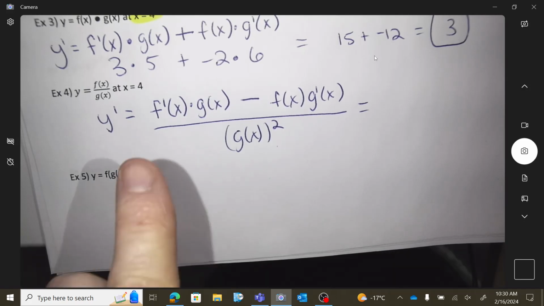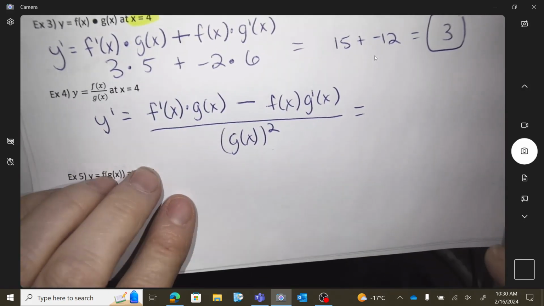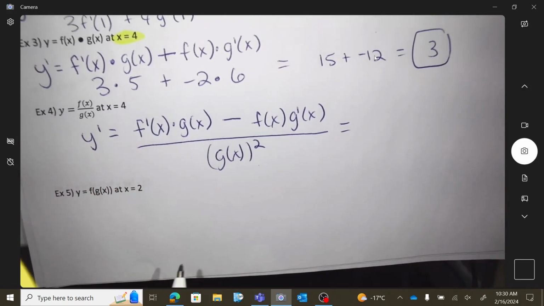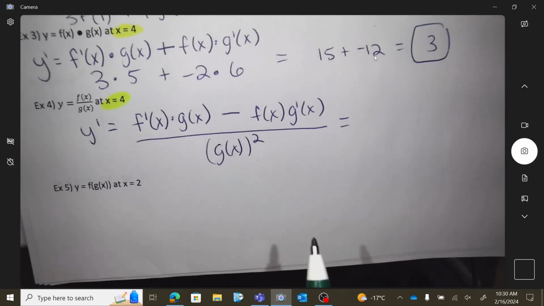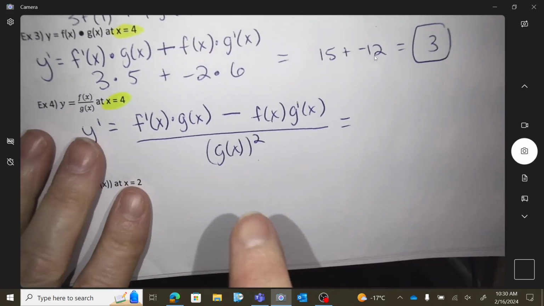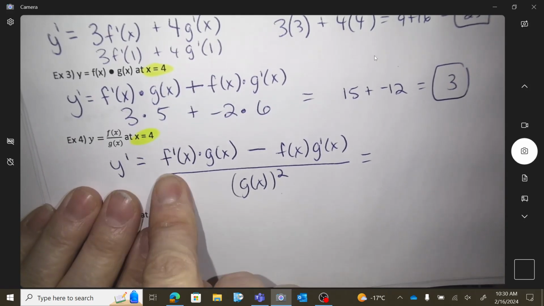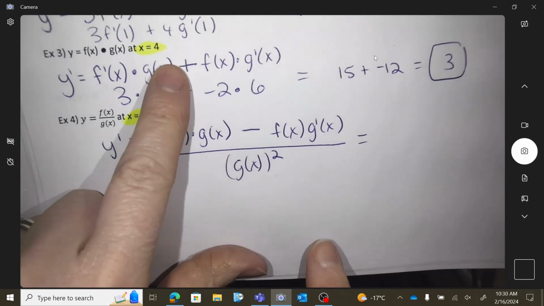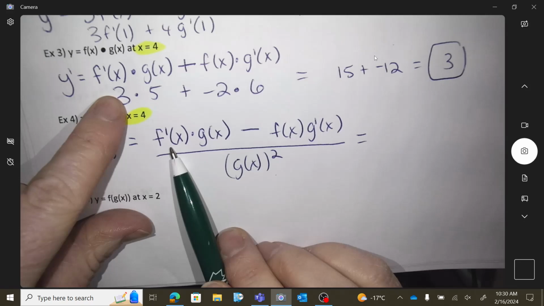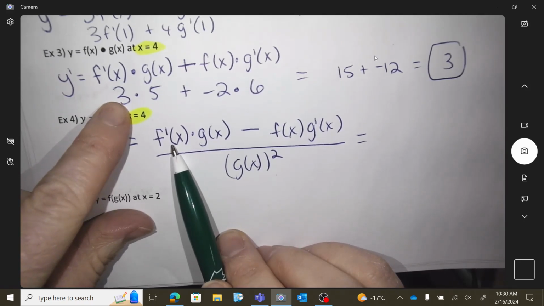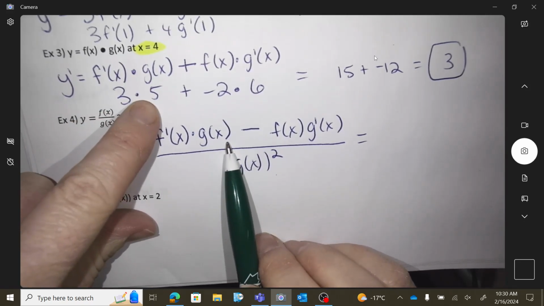Okay, so let's replace all that. Are you okay? Because this is at 4. We just did this, right? Last question. We just did all that chart reading. So at 4, we had the F prime was 3. The original G was 5.